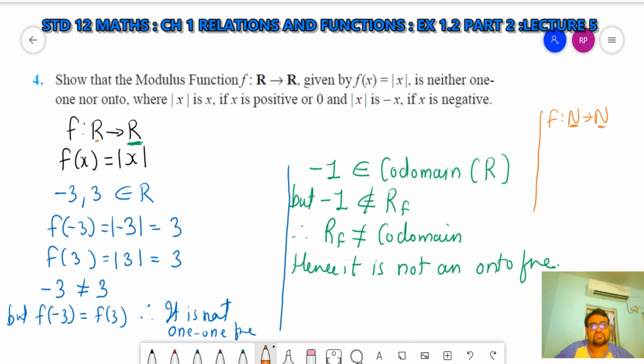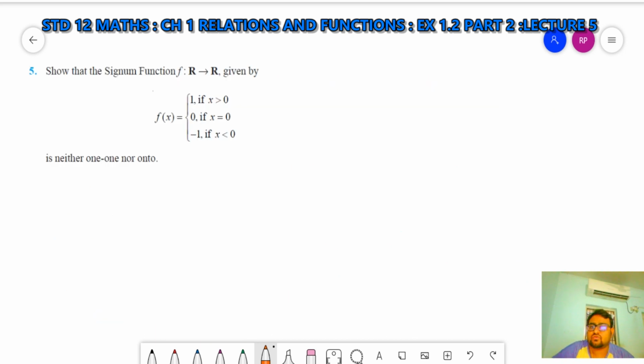Okay, now let's move to the next question, that is question number 5. Question number 5. So the signum function f: R to R is given by f(x) equal to, let me write down this. Here the function f is from R to R. What is f(x)?